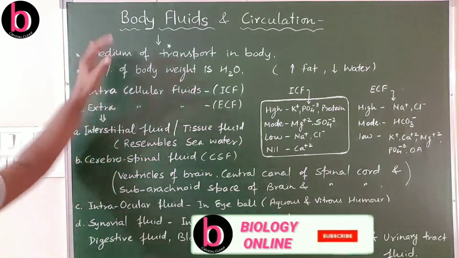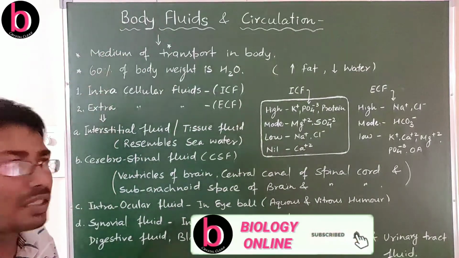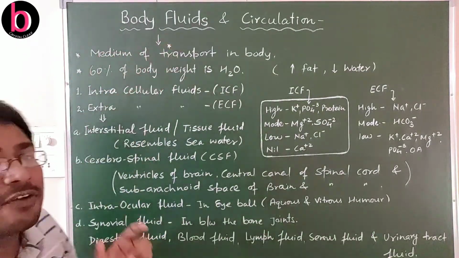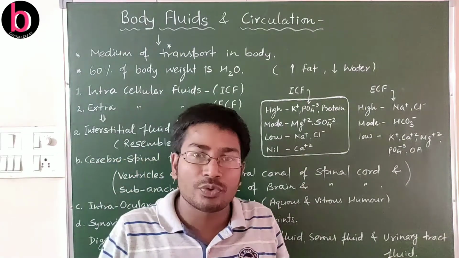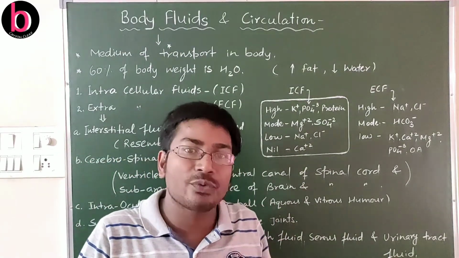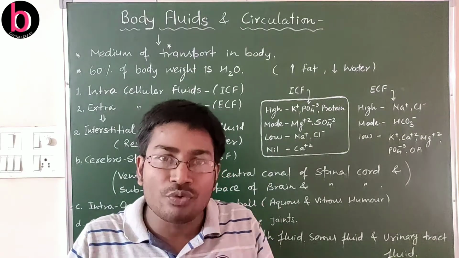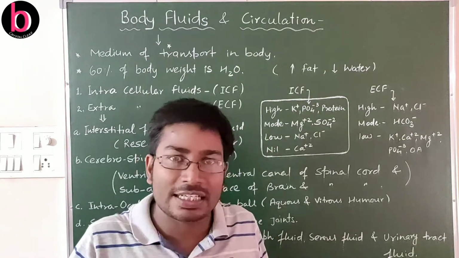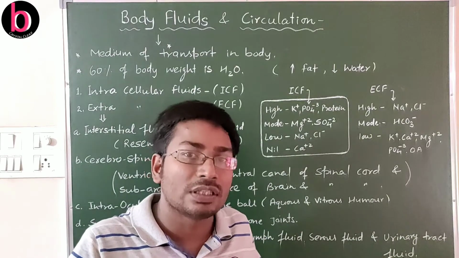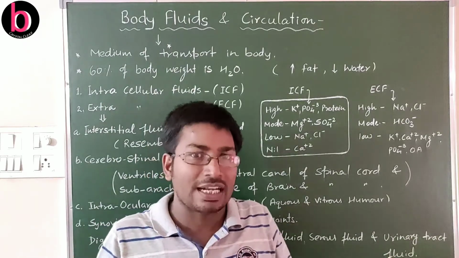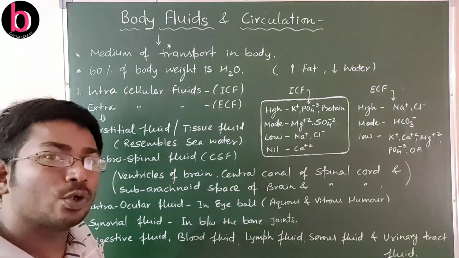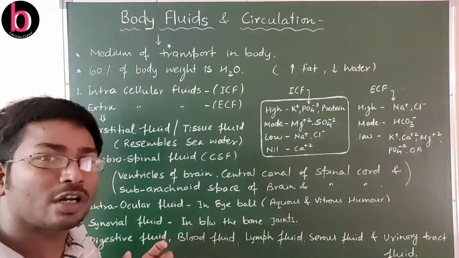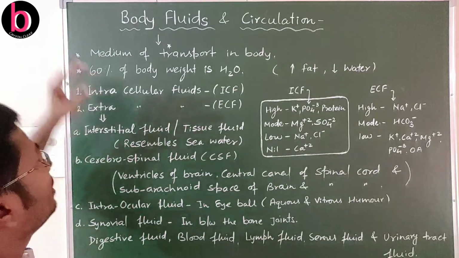If we discuss body fluid first, this is the medium for transportation in our body. All useful as well as harmful substances move from one side to another with the help of these body fluids. There are so many types of body fluids that we have to discuss, but before that there are a few more pieces of information.